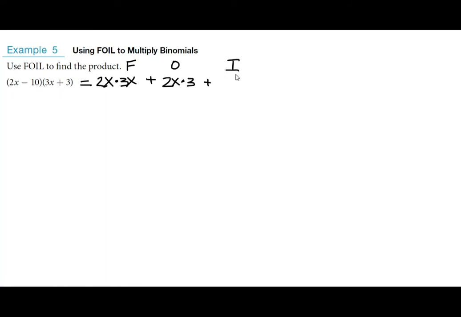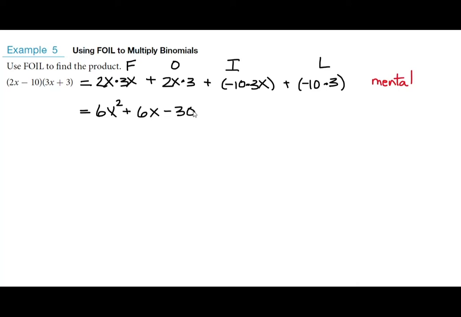Then the inner term, so that's negative 10 times 3x, and finally the last step, so that's negative 10 multiplied by 3. So remember, I'm writing this down, but normally this would be a mental step. And then I'm going to have 6x squared plus 6x minus 30x minus 30.